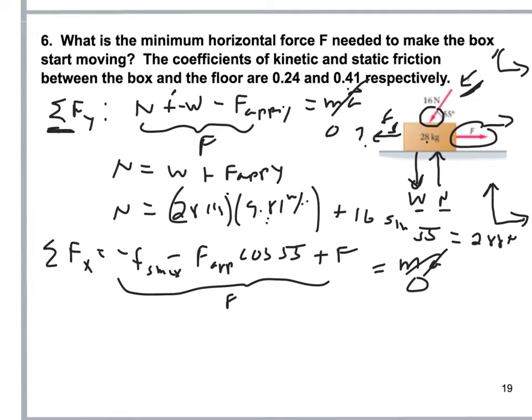We have that as our mu sub s, and it's a negative there, times the normal, plus the applied force times the cosine of 55, equals this f value, f, right here.